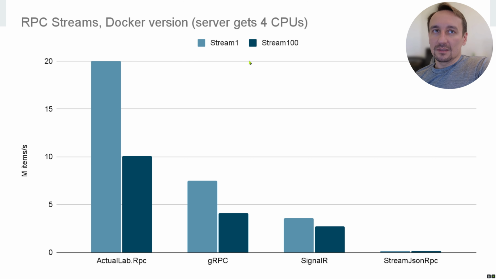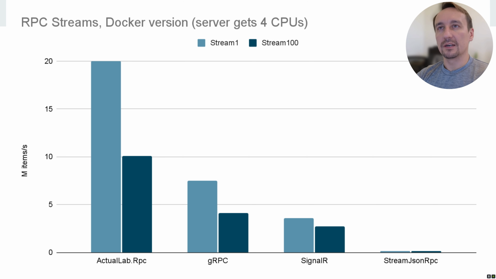And why small items are important is that we measure the extra expenses that a framework or library adds. The smaller the item, the more complex the scenario. It basically highlights the cost of processing the stream item by the library. So stream 1 is, I think, extremely short items.